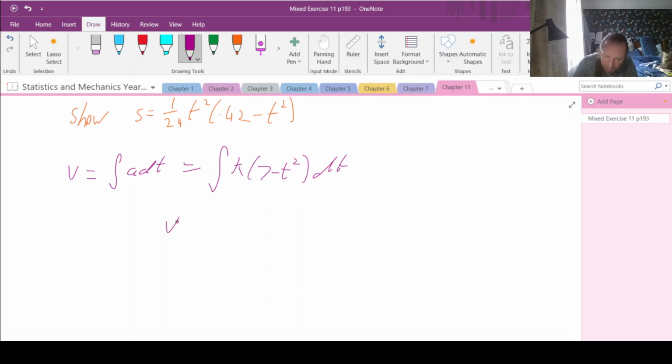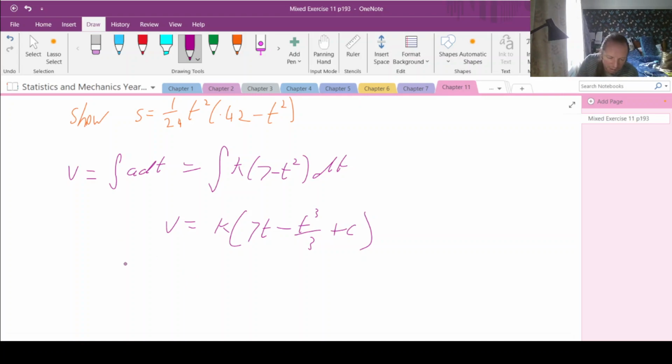So we've got velocity equals k times 7t minus t cubed over 3 plus c. Now, I've got two different equations here.